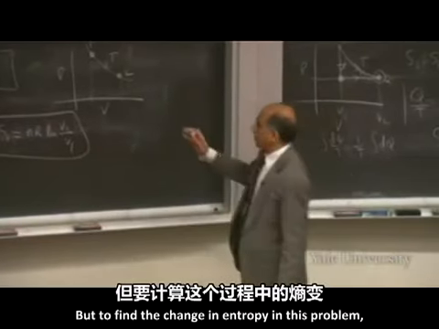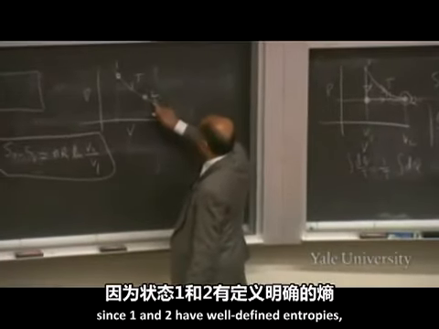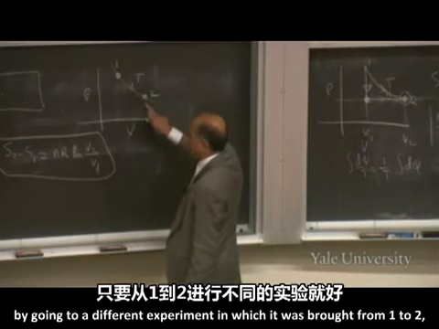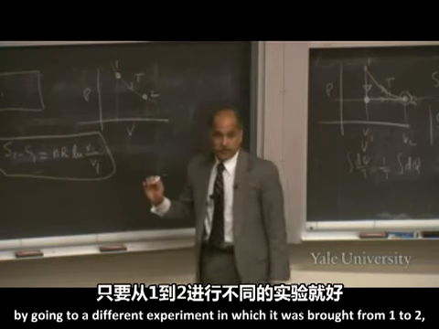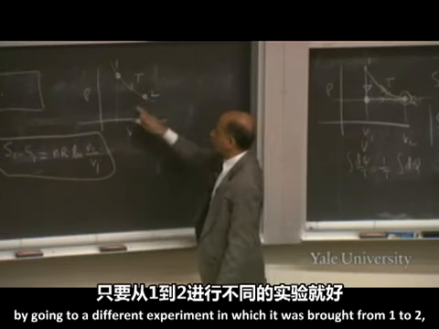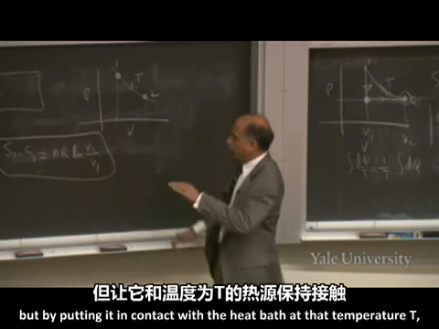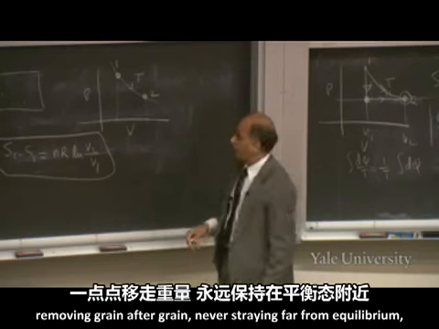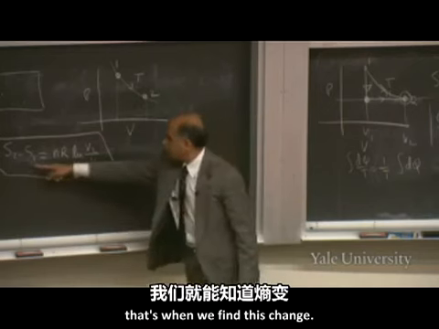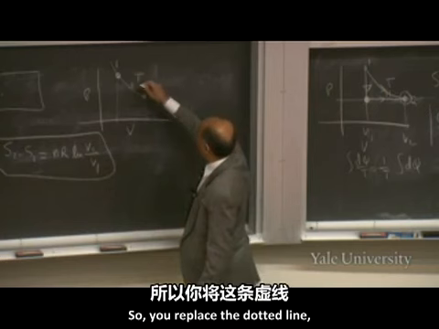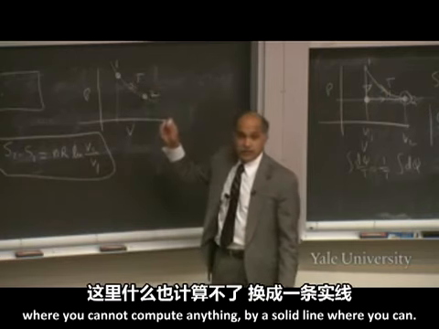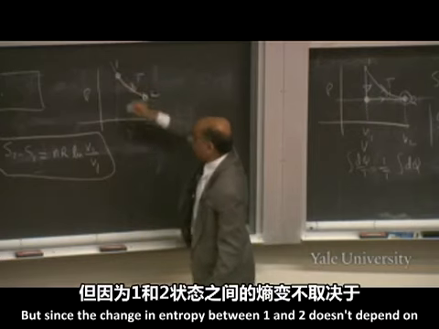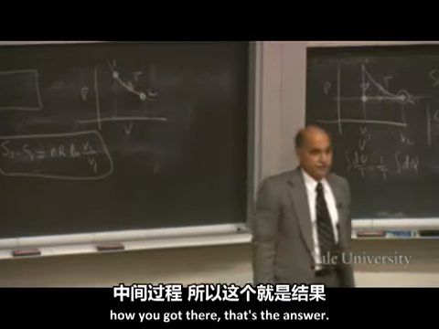But to find the change in entropy in this problem, since 1 and 2 have well-defined entropies, we can find the change between 1 and 2 by going to a different experiment in which it was brought from 1 to 2, not in this crazy irreversible way, but by putting it in contact with the heat bath at that temperature T, removing grain after grain, never straying far from equilibrium. That's when we find this change. So you replace the dotted line, where you cannot compute anything, by a solid line where you can, but since the change in entropy between 1 and 2 doesn't depend on how you got there, that's the answer.